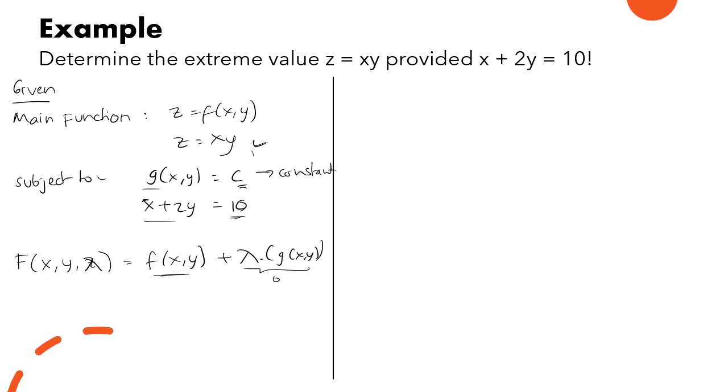So we have to make the g next to lambda equal to 0, and if we put 0 here, it means the left side goes to the right, becoming like this. So the main function xy plus lambda times (10 minus (x plus 2y)).